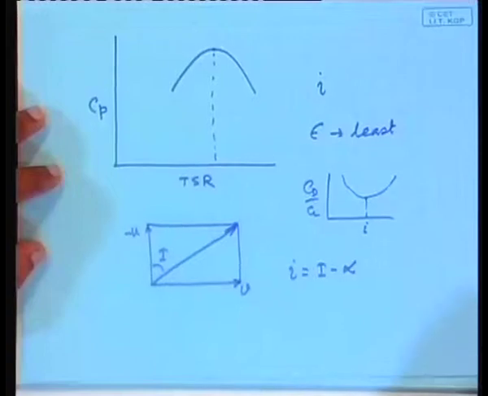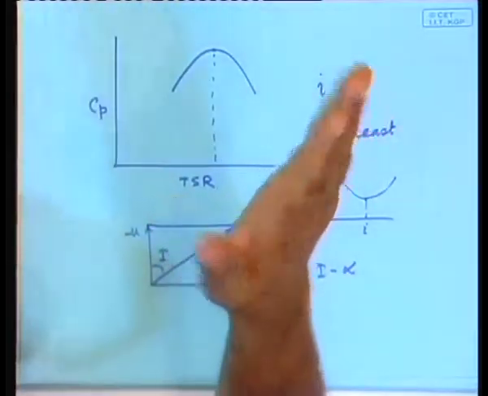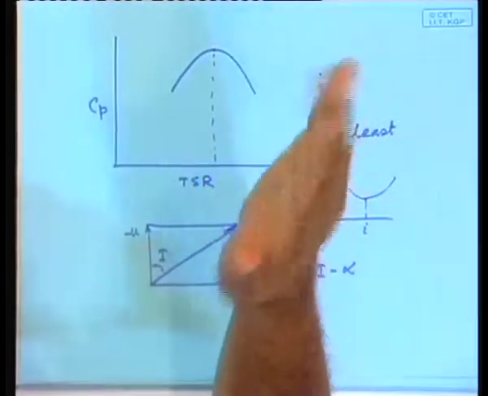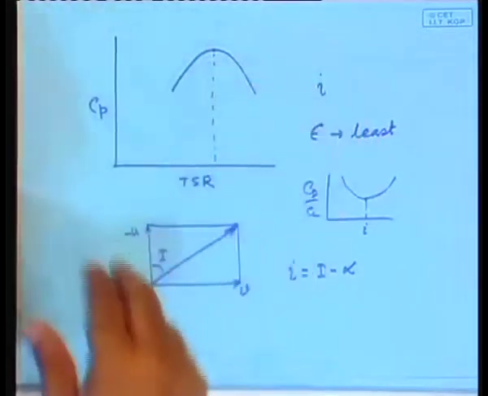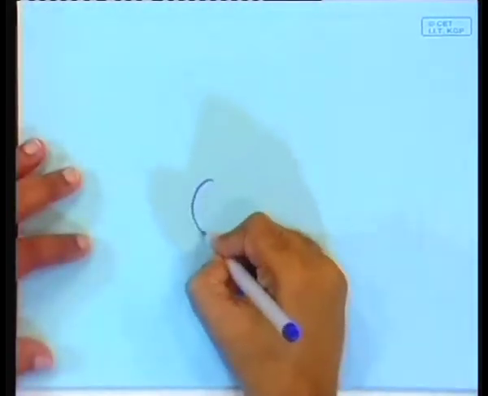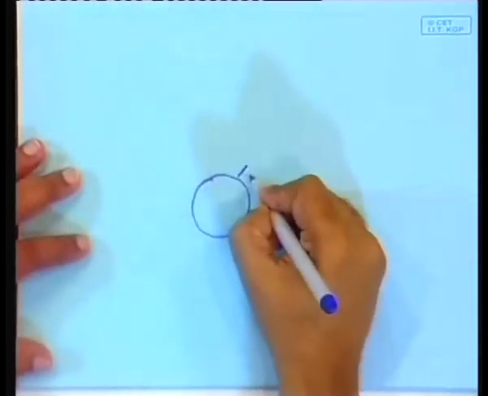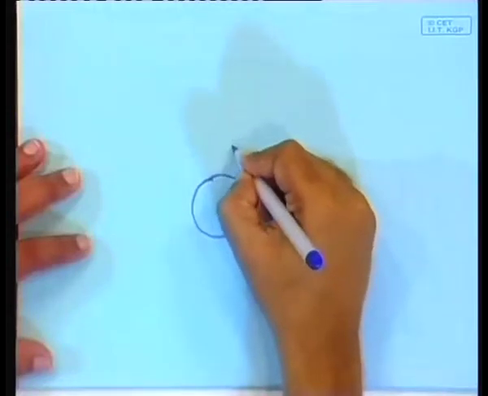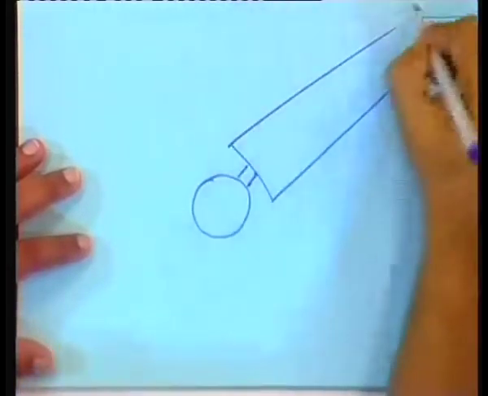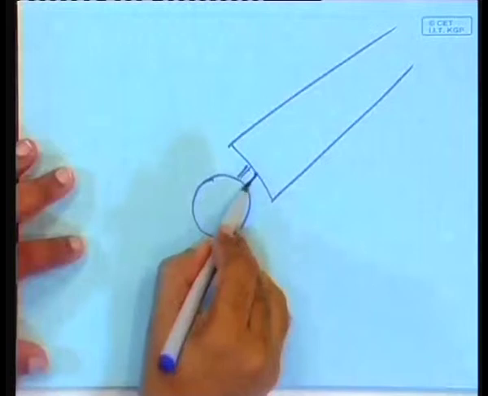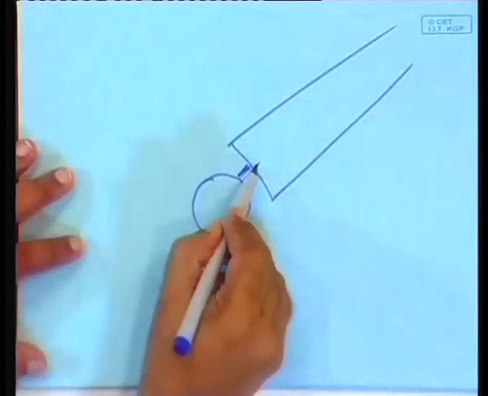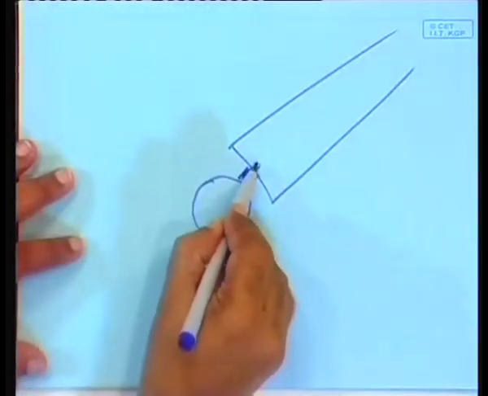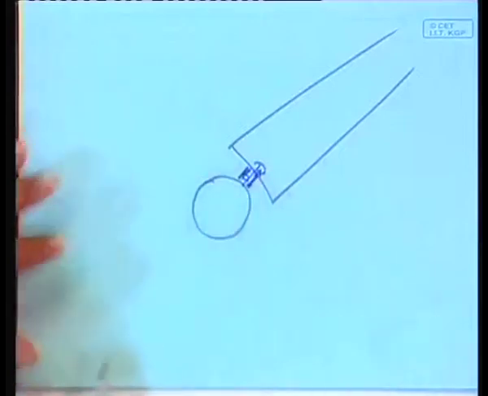In any case, you have understood that this can be achieved only by continuously varying the pitch angle, and the pitch angle, you imagine that this whole blade, here is the center, here is the axis, and here is the whole blade, say. Then at this point there has to be a motor situated that can turn it like this.